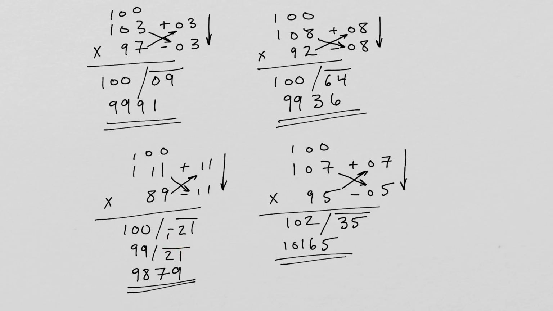You remember in the other videos when we carried over, we added, but those weren't negative numbers. This is a bar number, that's a negative number, so we have to subtract. So we subtract that 1 to get 99, and then apply the formula on what's left over, this bar number 21, to get the final answer here.